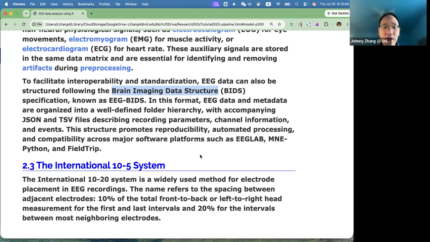Basically, this structure includes the necessary information for us to store the data properly. So when people see the data structure, they will know exactly what kind of information they can find. This also helps data analysis in the future. I will talk more about this later.